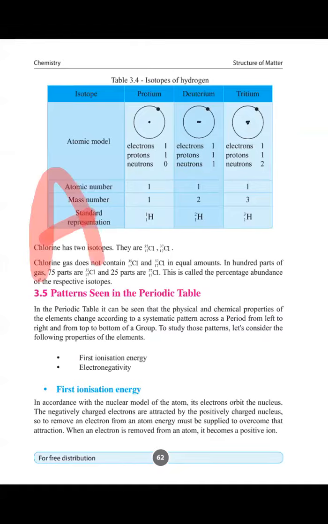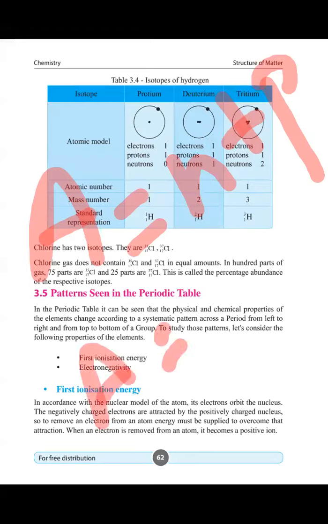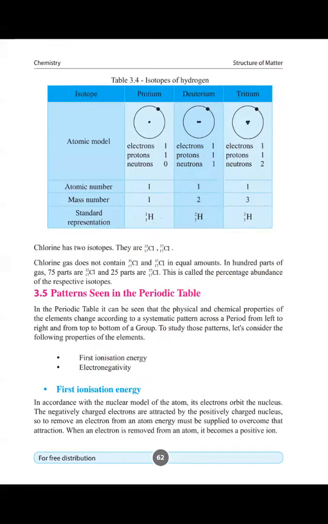A equals N plus P. A equals neutrons plus protons, where P means the atomic number. So according to that equation, we can calculate the mass number.